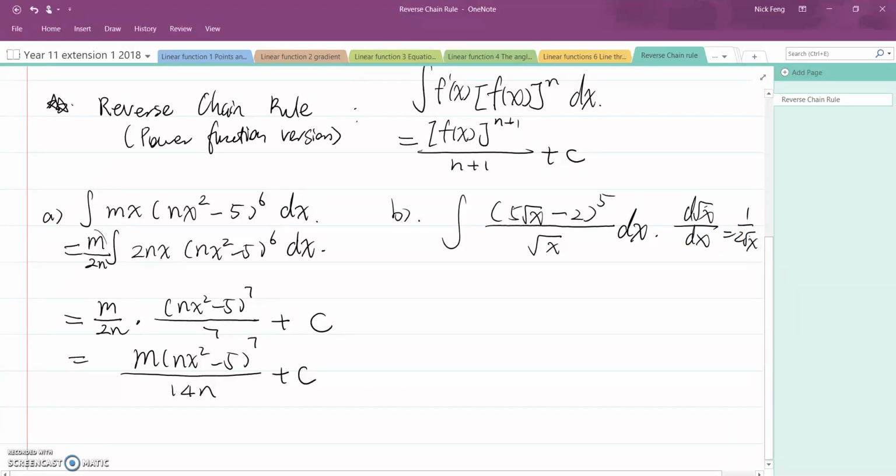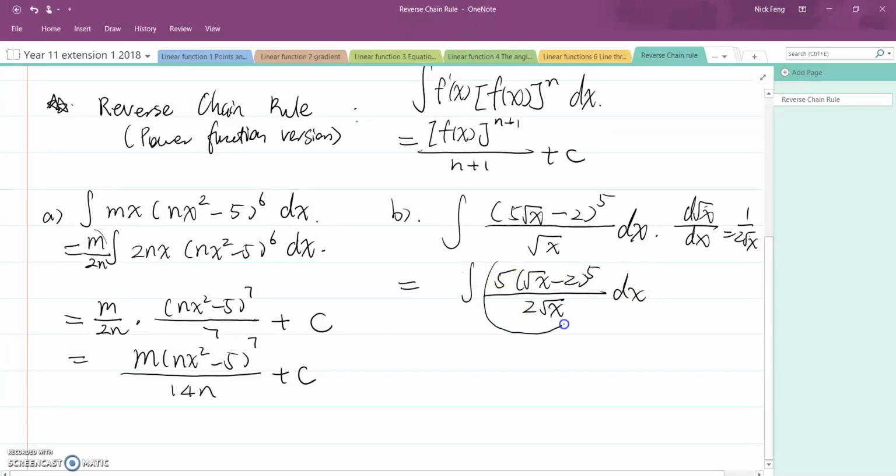Alright, so now the 5 has nothing to do with the component. Well, in this case, when you differentiate 5 root x, that should give you 5 on 2 root x. But we don't have 5 on 2 in this case, obviously, so therefore we just need to make it 5 root x minus 2 to the power of 5 over 2 root x dx.